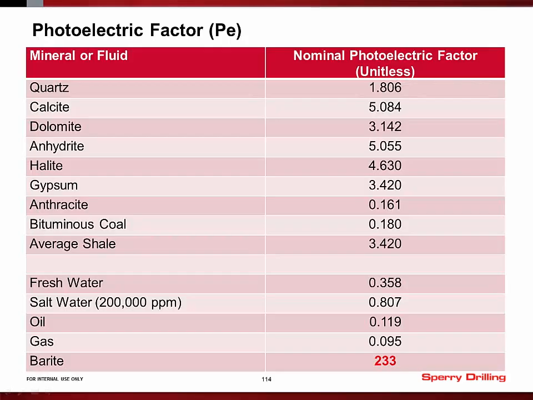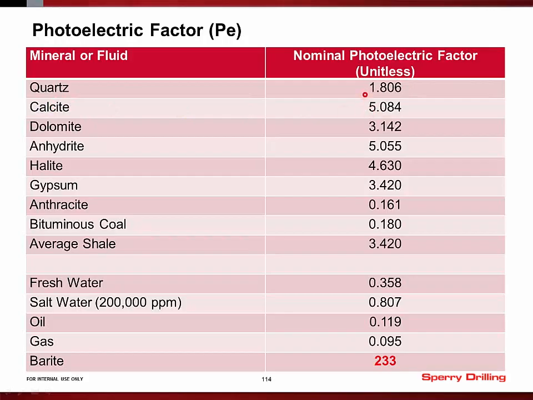We recently showed in a paper that that's not actually correct, that the PE factor should be unitless, and for the last couple of years Sperry logs have been using a unitless PE curve. But that doesn't change the values associated with them. So for example, in a quartz we would typically expect a value around 1.8, compared with a calcite of around 5.